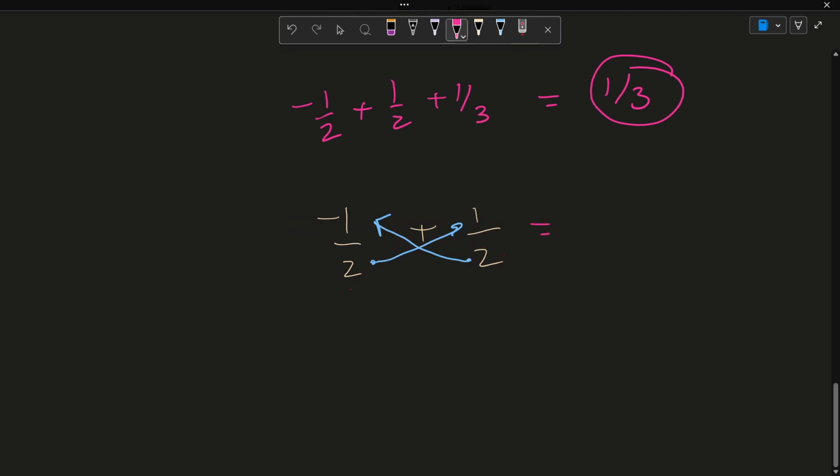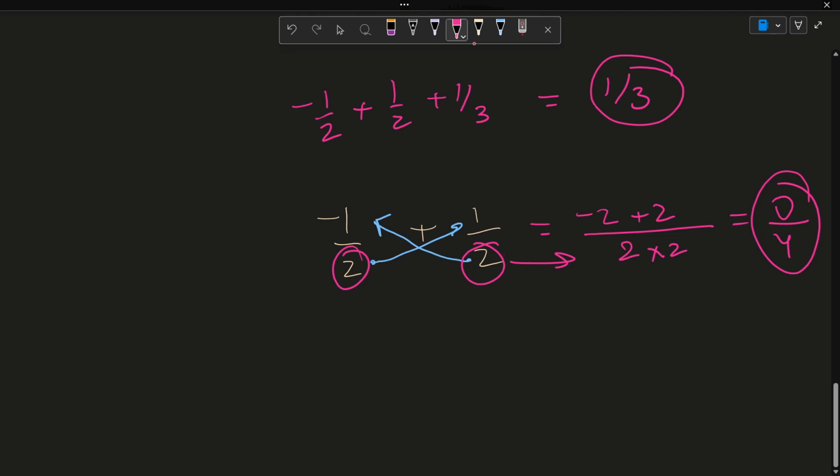Let's do that: 2 times minus 1 is minus 2, plus 2 times 1 is plus 2, which is basically 0 by something. We could obviously carry this out and just return 0, but if we take this 2 and this 2, we write 2 times 2, which is 4. So 0 by 4 is the answer for this problem.